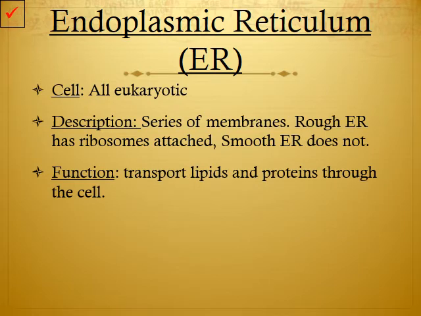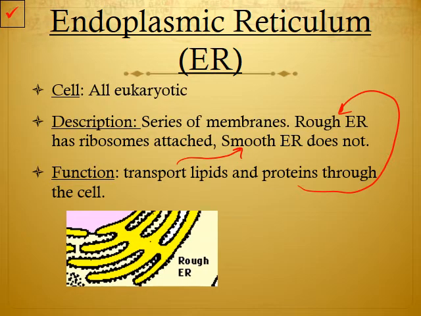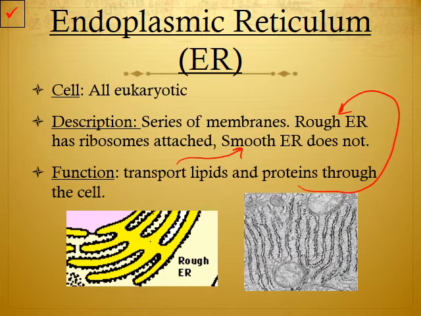The smooth ER transports lipids, and the rough ER transports protein. So just as a friendly reminder, lipids, smooth, protein, rough. So there's a picture of the rough ER, and there is another picture of the smooth ER. So it's kind of like a conveyor belt that carries things throughout the cell when needed.